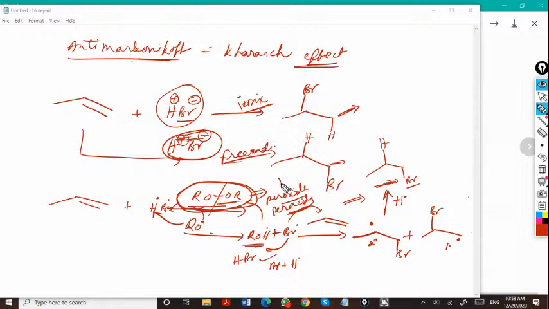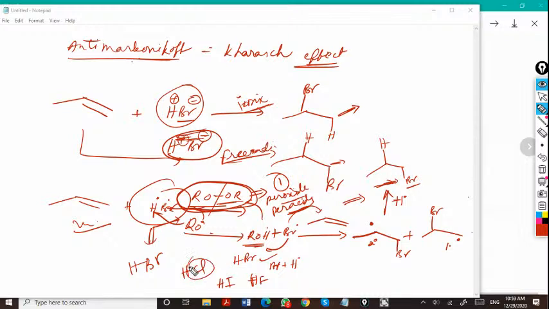This is the first condition. The second condition is that, similar to Markovnikov addition, we need an unsymmetrical alkene and an unsymmetrical reagent. The third condition is that this peroxide effect is only possible with HBr, not with HCl or HI or HF, because they are not going to give stable free radicals, or there will be no regioselectivity with the free radical formation.